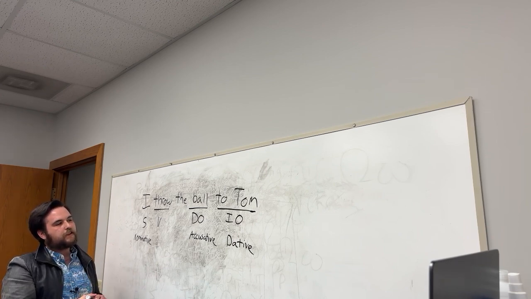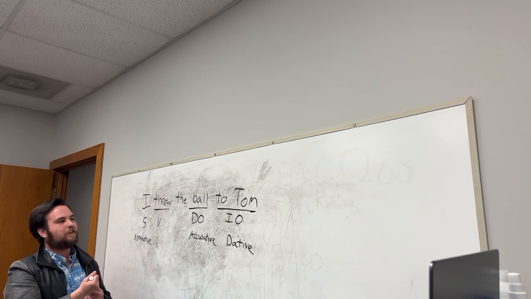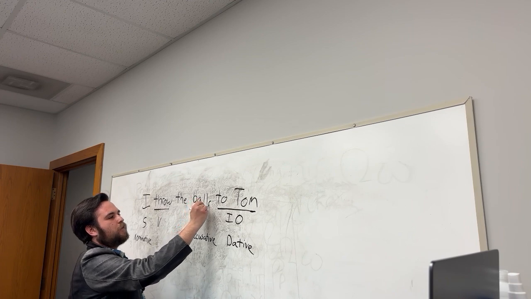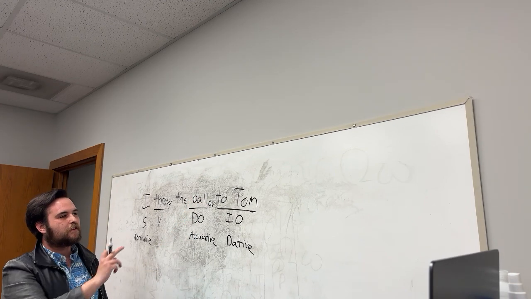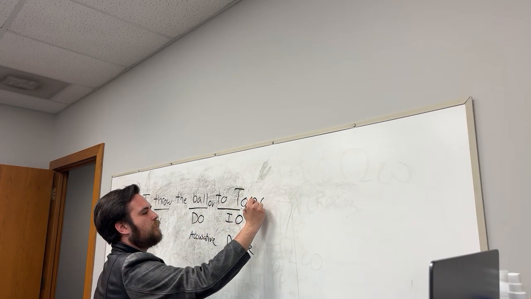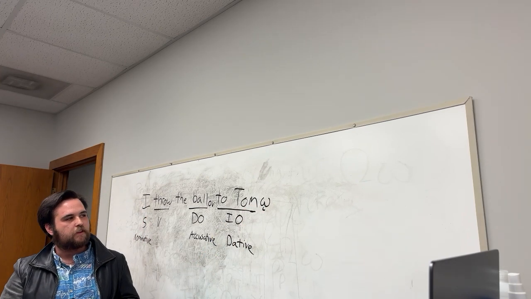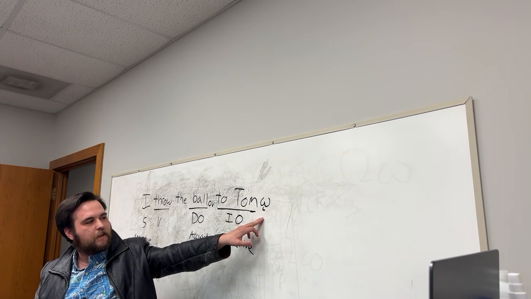So just as an example, if I gave these Greek endings, I could say ball, and this would have omicron nu at the end. And then Tom would have an omega with an iota subscript. Now the iota subscript is something that you want to take note of.